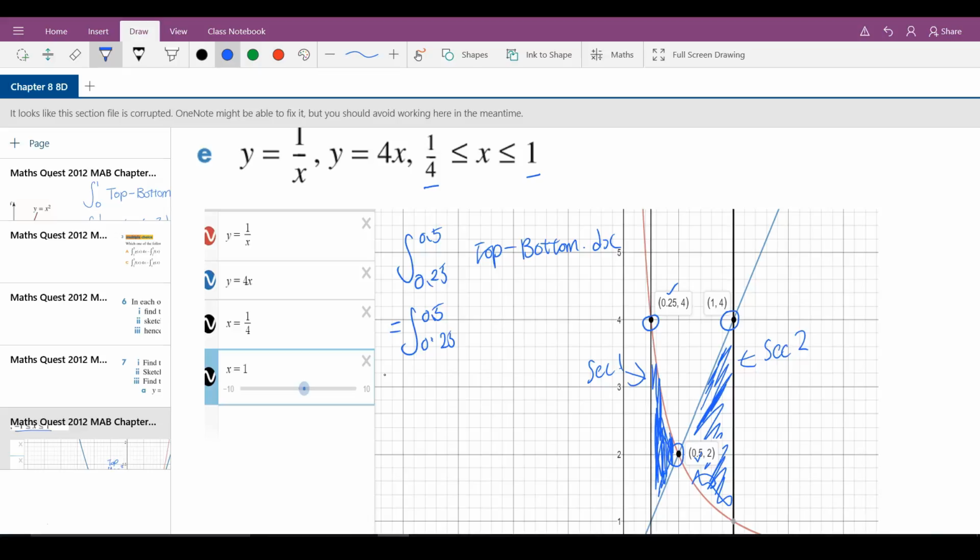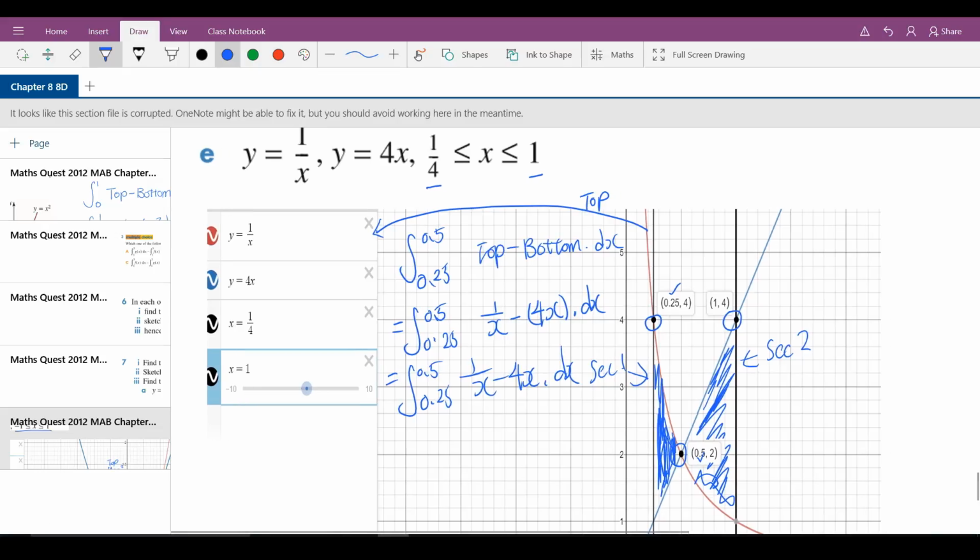It looks like this function is on the top. So that would be 1 over x minus 4x, from 0.25 to 0.5, integrate with respect to x. All right, that's easy.